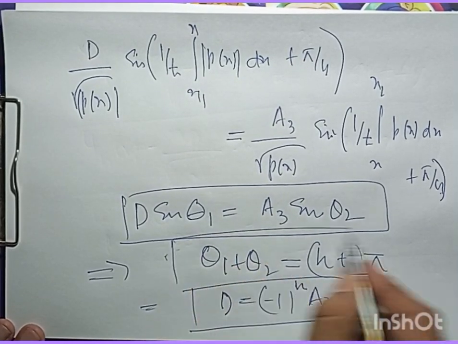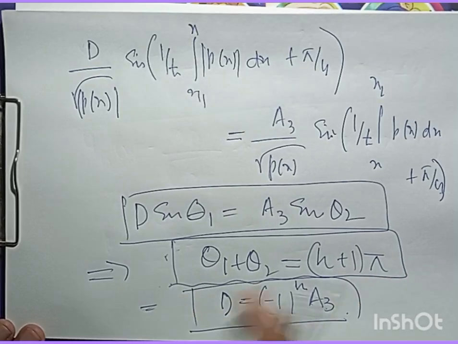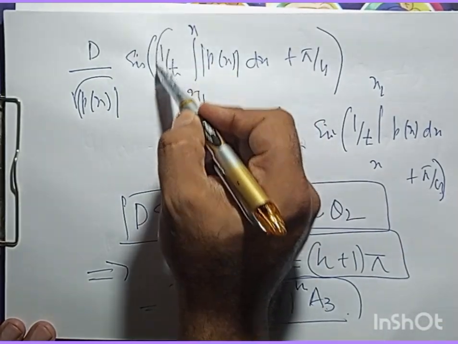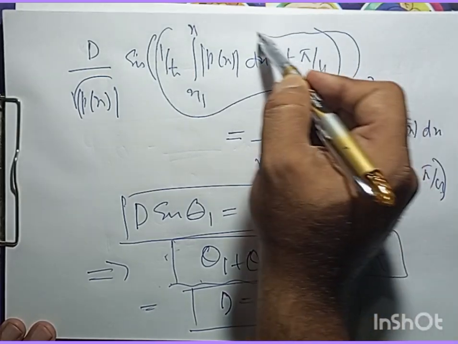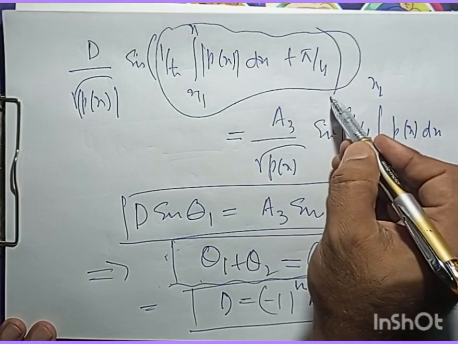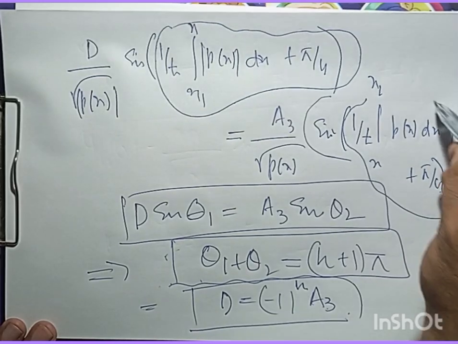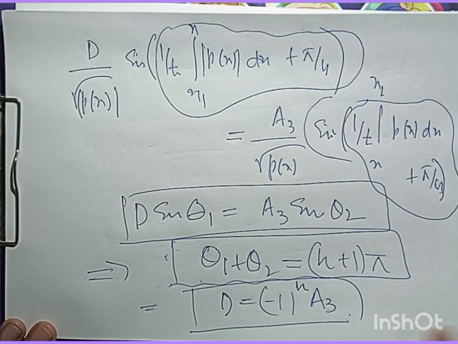Now taking this into consideration, theta 1 plus theta 2, that means this whole thing plus this whole thing, must be equal to (n plus 1) pi.